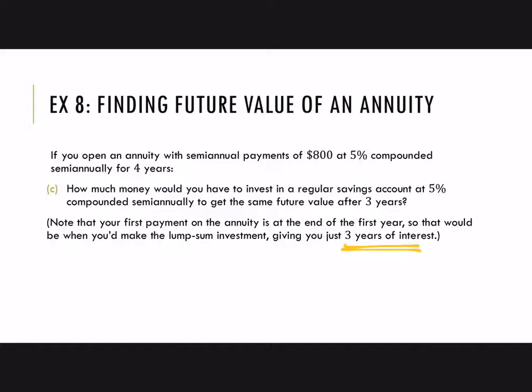So what we want to do is compare, to see which is a better investment, a regular savings account or an annuity. So we want to use the compound interest formula. Since, based on this note here, we want to consider the time period to just be 3 years instead.